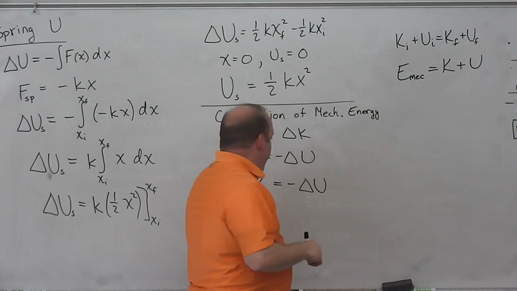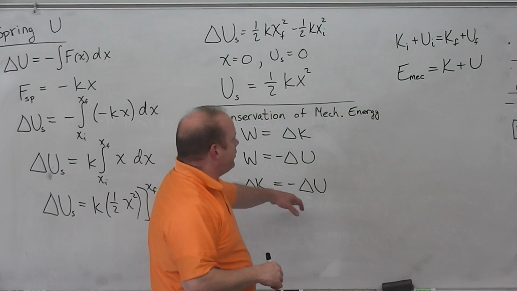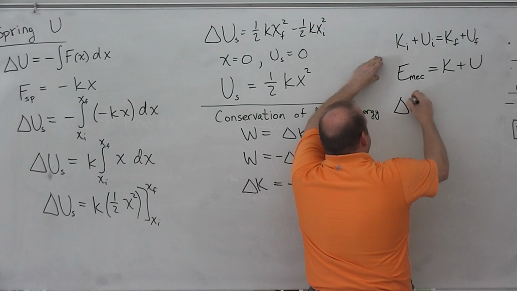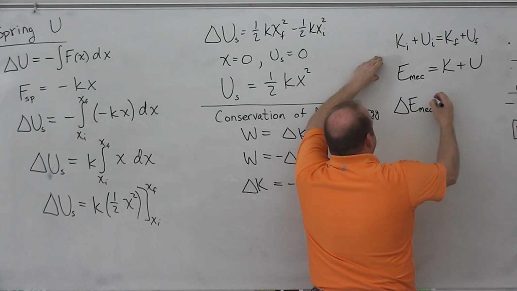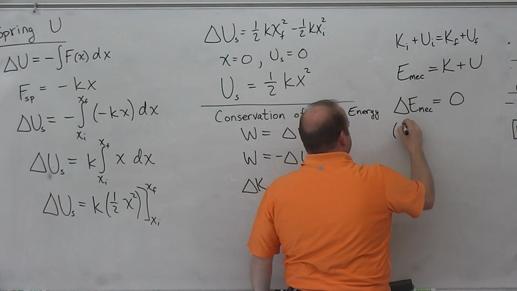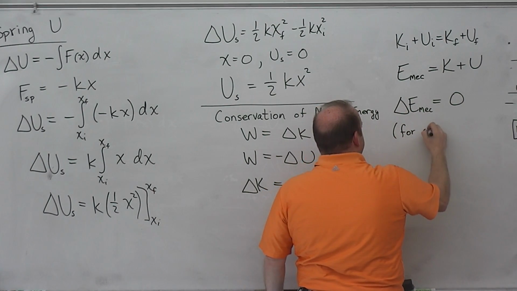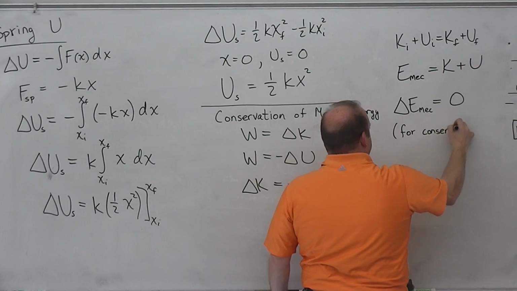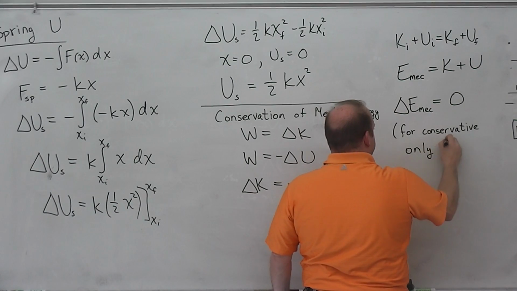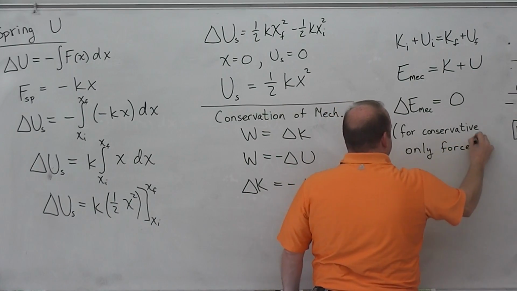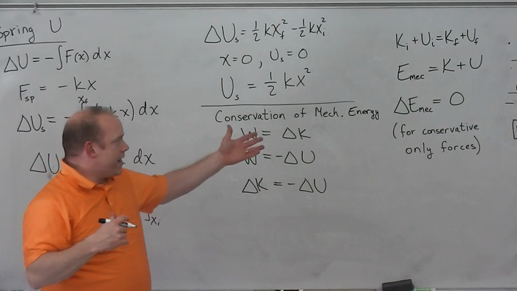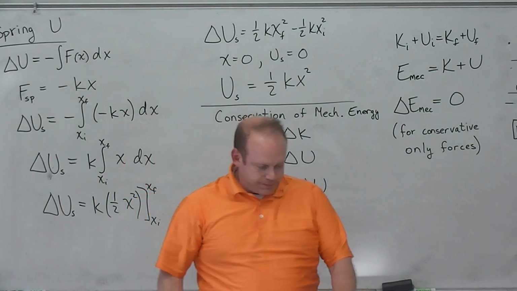If whatever I gain here, I lose here, and vice versa, this is saying that my change in mechanical energy, so long as it's only conservative forces, is equal to 0. Again, conservation of energy.